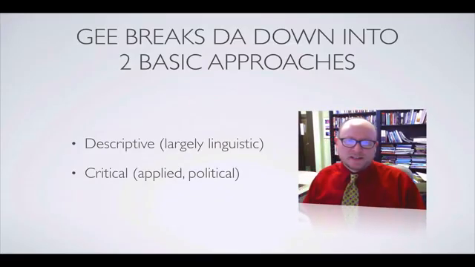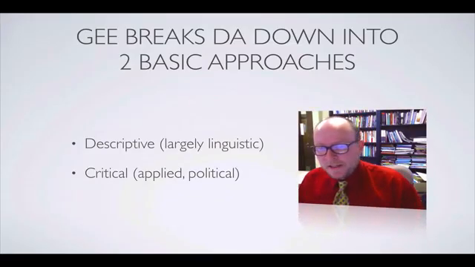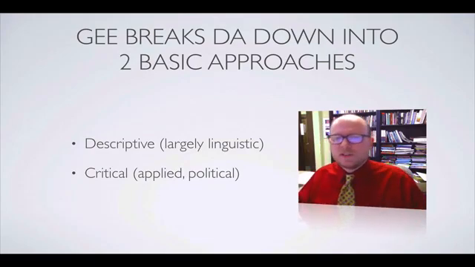So Jim Gee, in his book, An Introduction to Discourse Analysis, breaks down discourse analysis into two basic approaches. One which would be basically purely descriptive, largely linguistic. So looking at the actual language details and how languages and their grammars work together to kind of cohere and make things that people say meaningful in a broad sense.